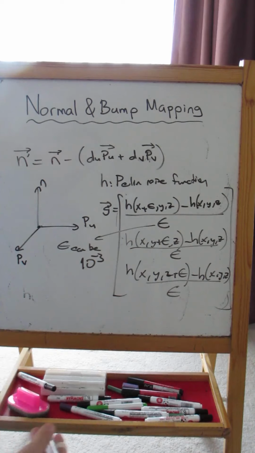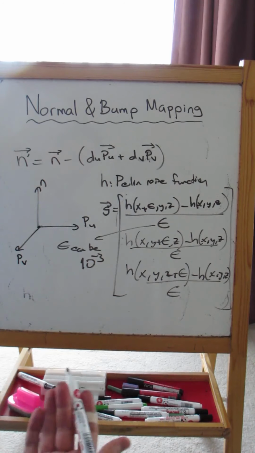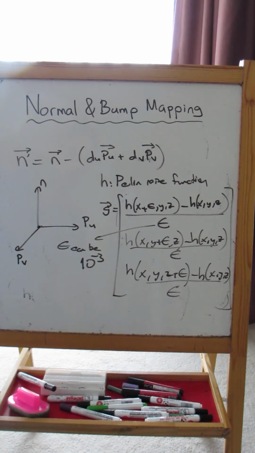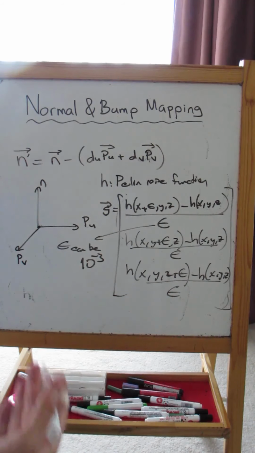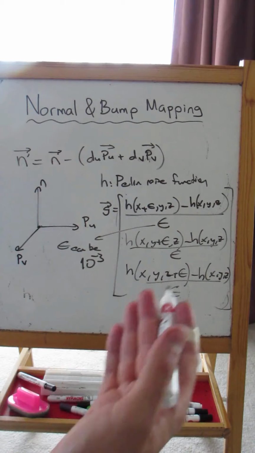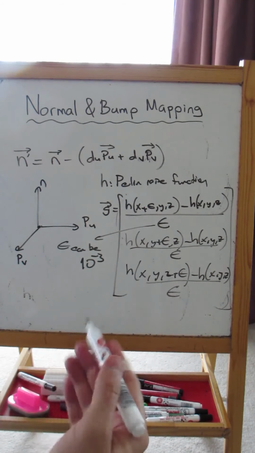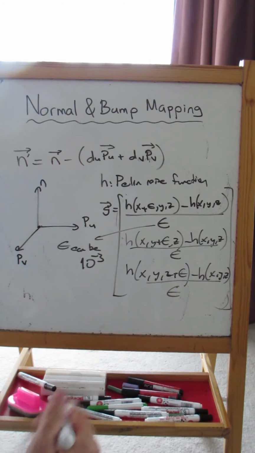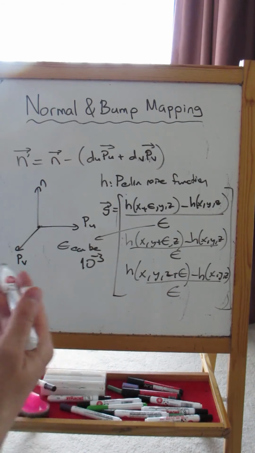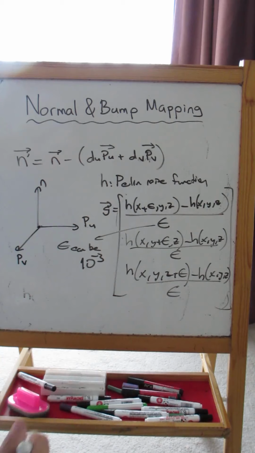It can be a smaller value or a slightly larger value. There is no single number that can be said to be the best number. If you make it too small, you are going to run into floating point precision issues. If you make it too large, it's not going to represent the change sufficiently. So something like that should produce good results.